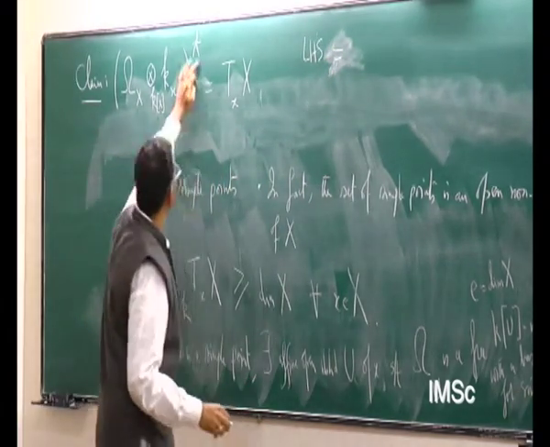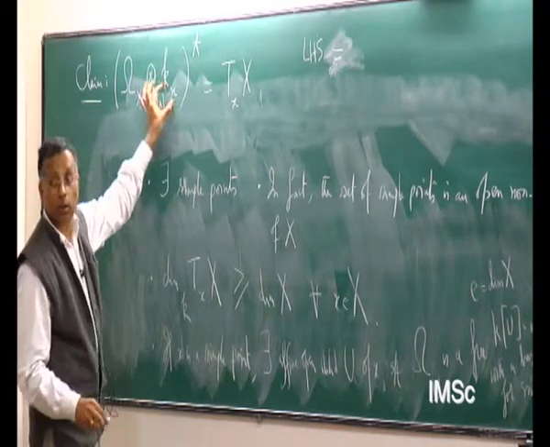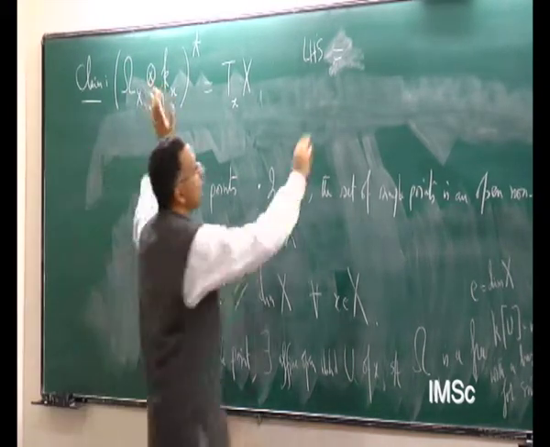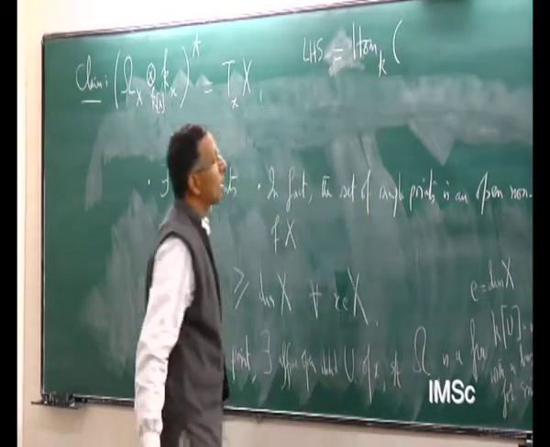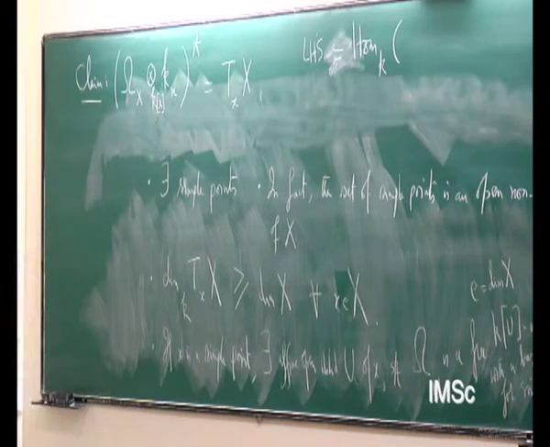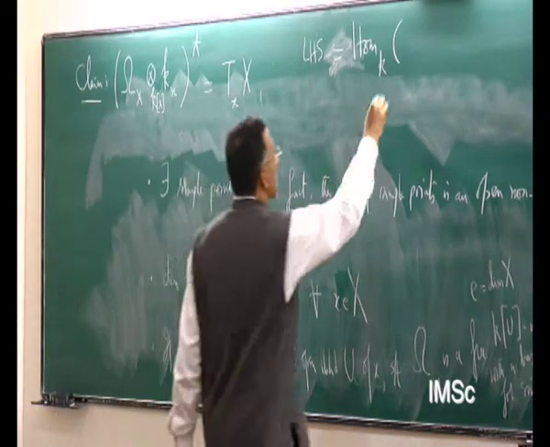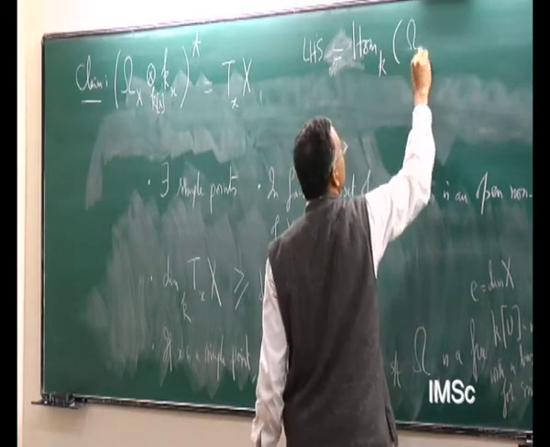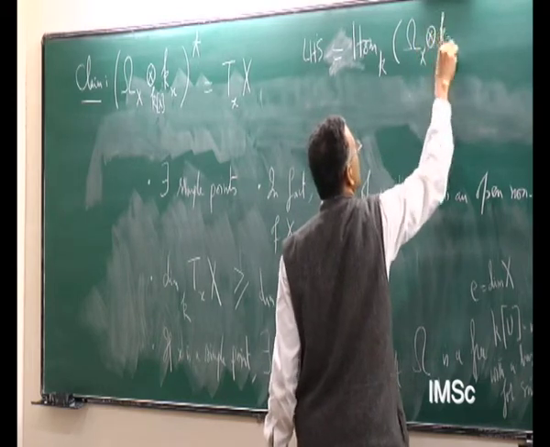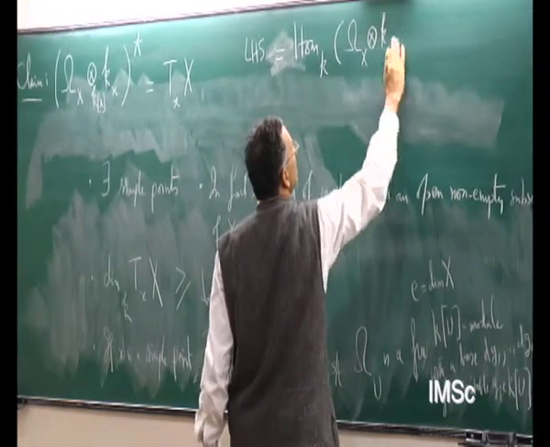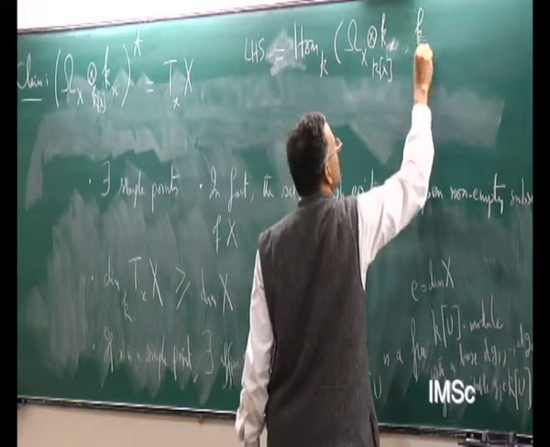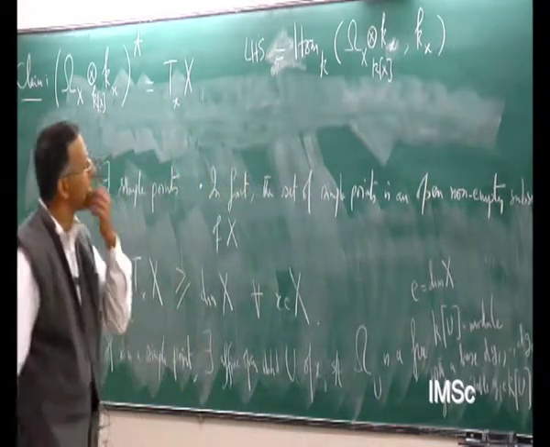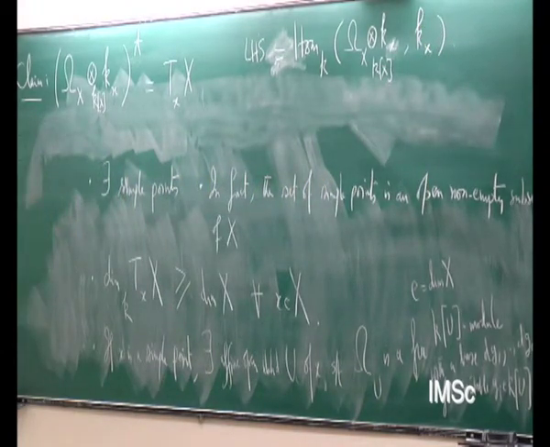This star is of course over, by that is meant over this kx. I'll write Hom as k-modules of, right, by definition the dual is that. Okay.